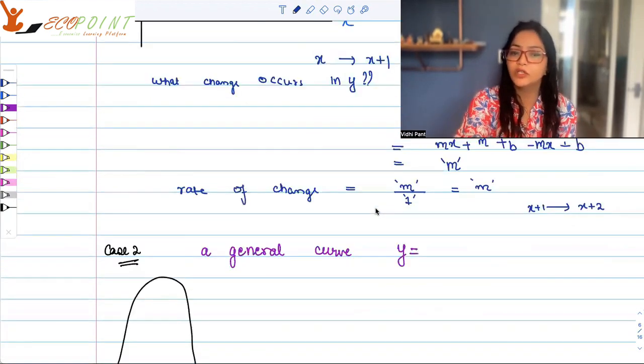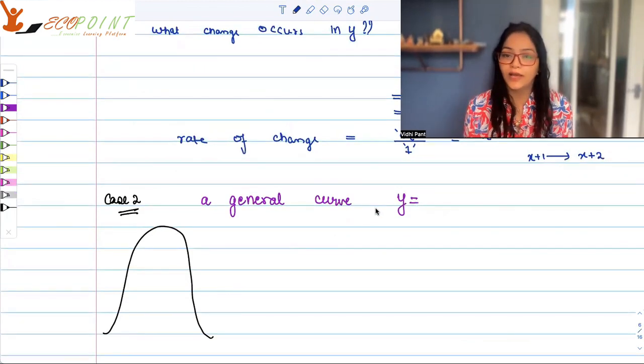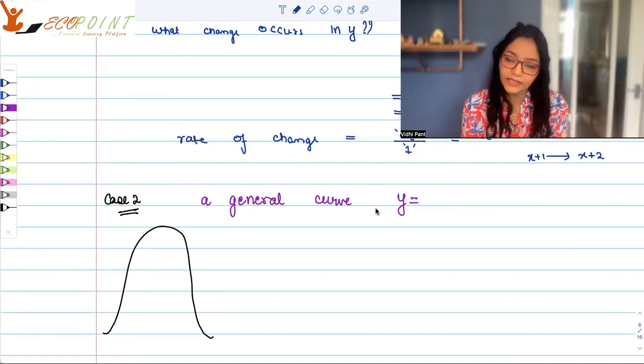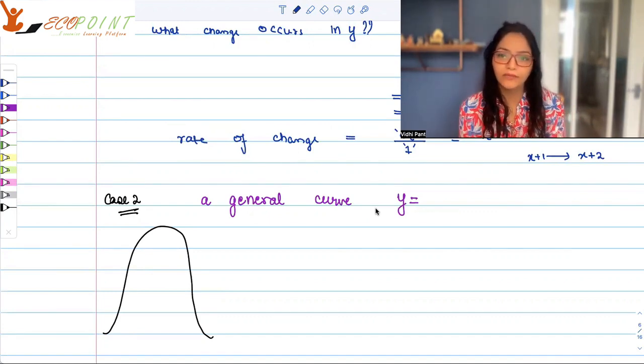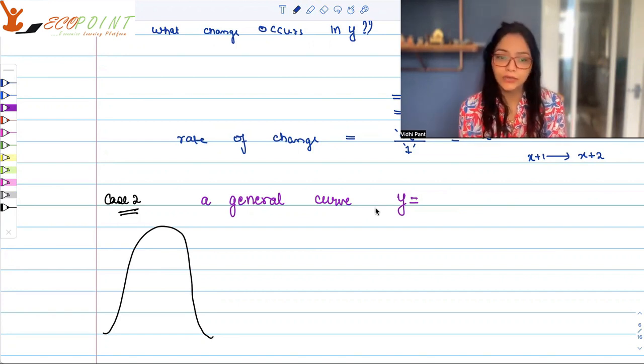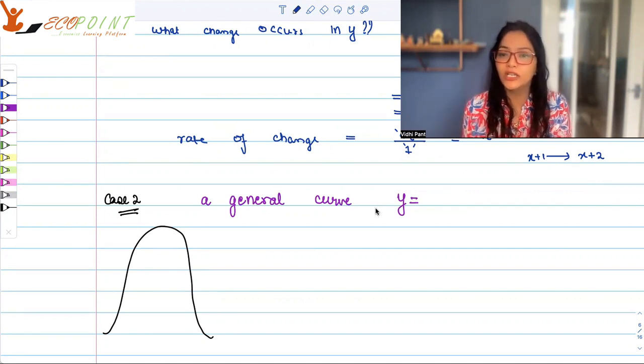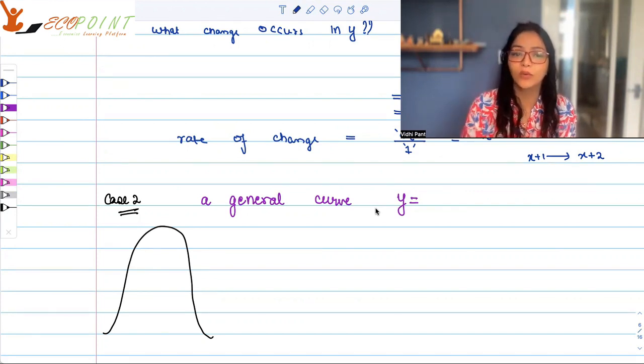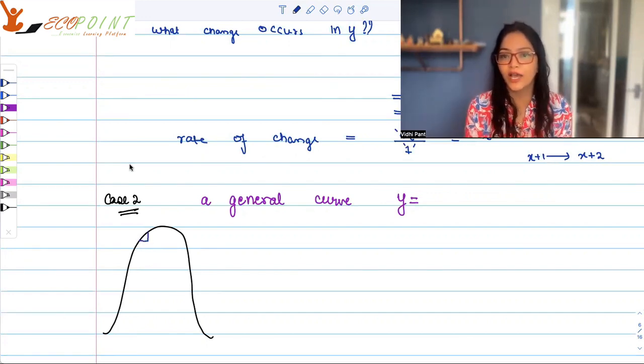Now, what if the function is not linear? You have a curve, something like this maybe. Well, in that case, do we have a fixed rate of change? Well, no. Since you can see the curve keeps on changing, sometimes it's going up, sometimes it's going down. So, of course, there's no fixed change happening.